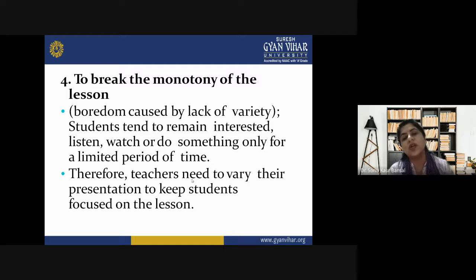So this is not possible for a teacher to maintain. So boredom is caused by a lack of variety. Students tend to remain interested, listen, watch, or do something only for a limited period of time. All right. So therefore, teachers need to vary their presentation to keep students focused on the lesson plan.